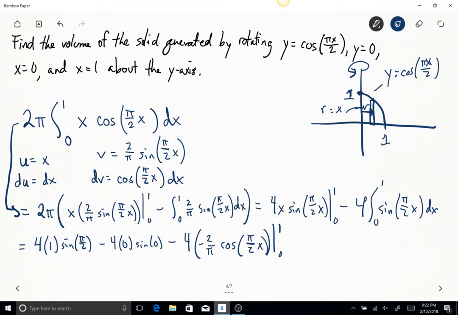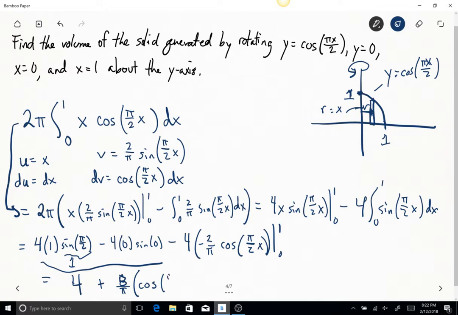So now what happens? Well, sine of pi over 2 equals 1. So the first part, all this junk, becomes 4. Minus a minus, we can make this plus, and then 4 times 2 makes 8 over pi times our cosine. So now we just have to plug in the values.